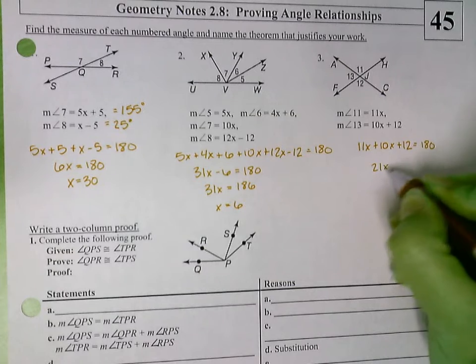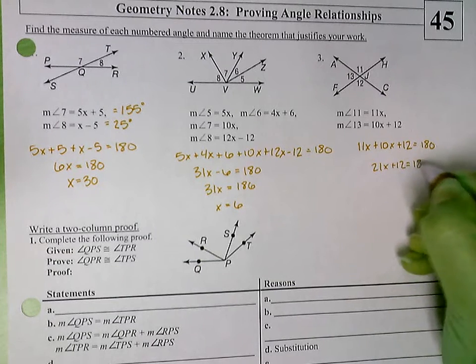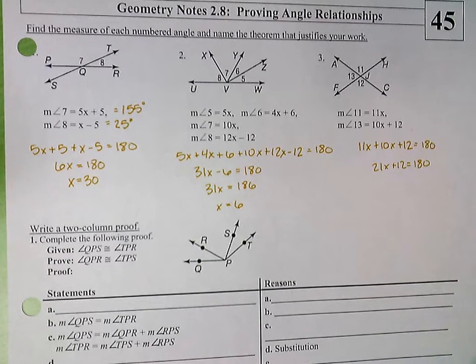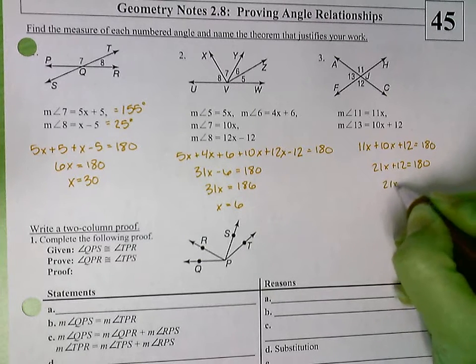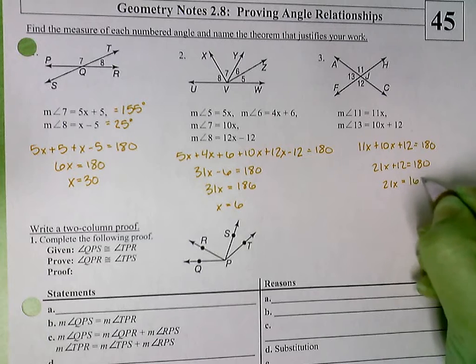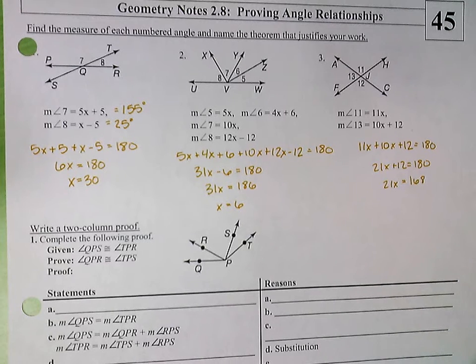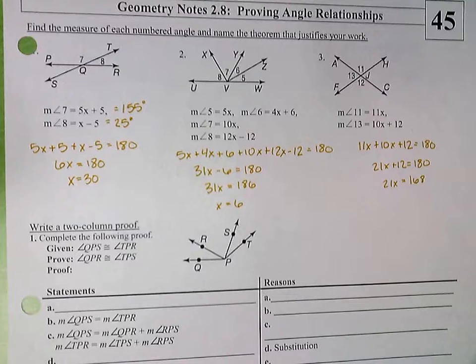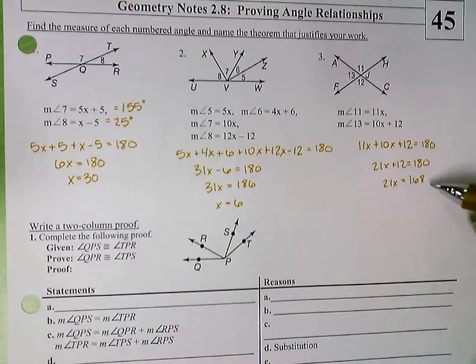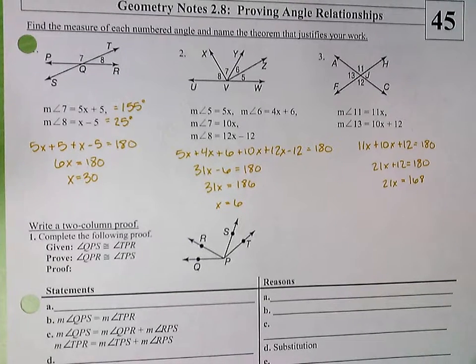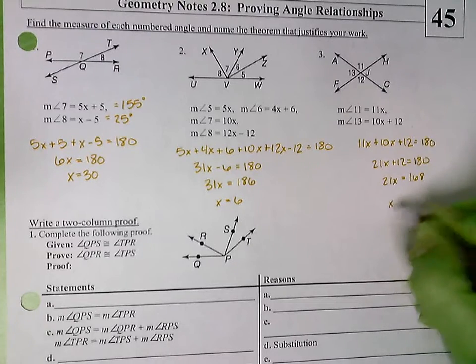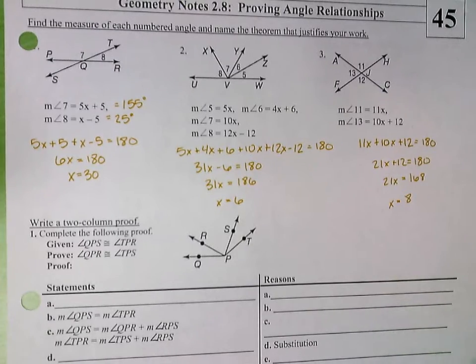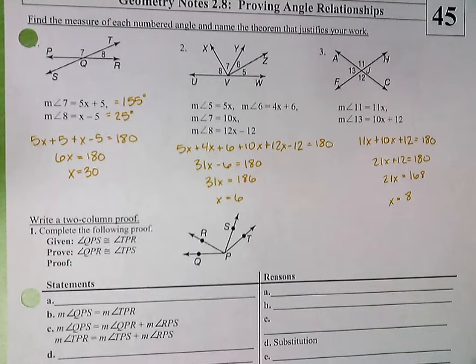So we have 21x plus 12 equals 180. Subtract 12. I have 21x is equal to 168. Divide by 21, and you should get x is equal to 8.